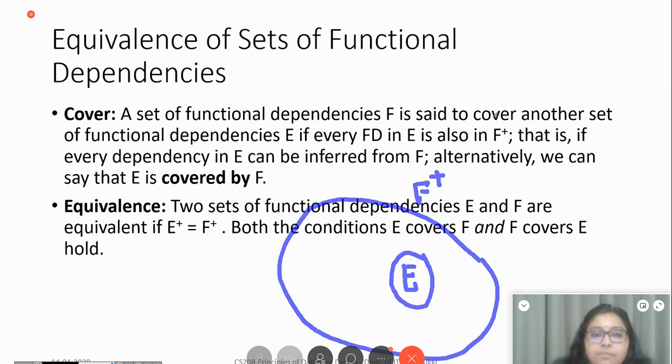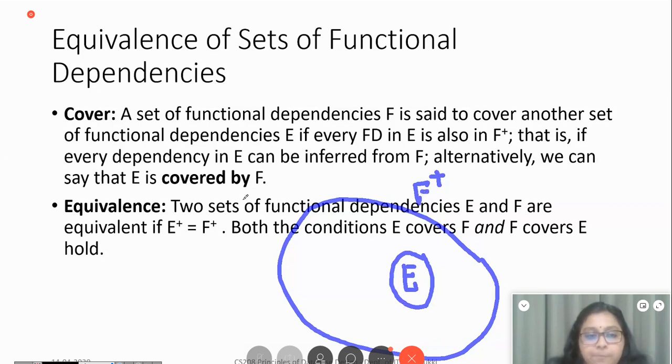So a set of functional dependencies F is said to cover another set of functional dependencies E if every FD in E is also in F plus. So that is, if every dependency in E can be inferred from F. Alternatively, we can say that E is covered by F. Okay, so this is the definition.